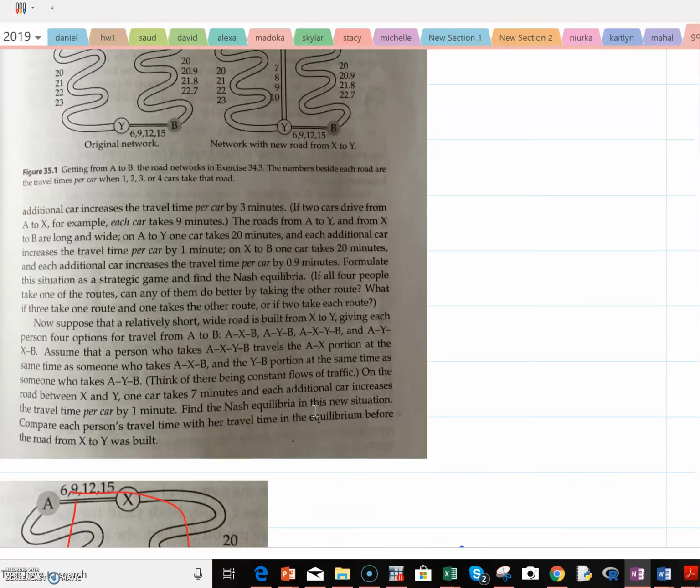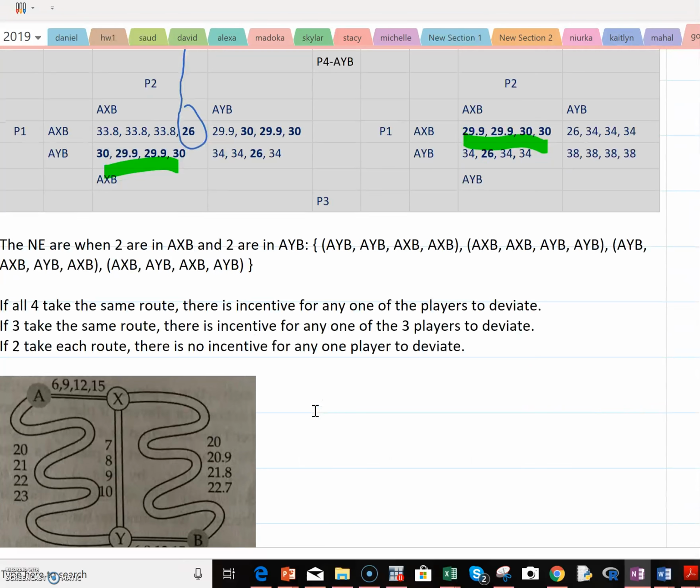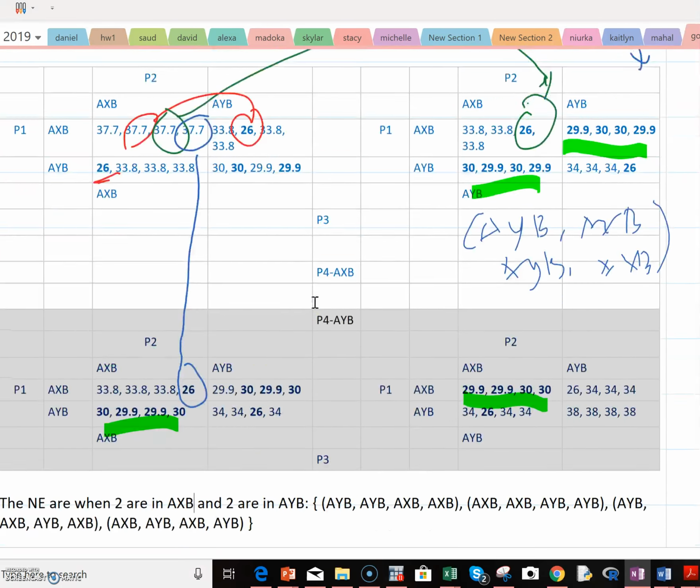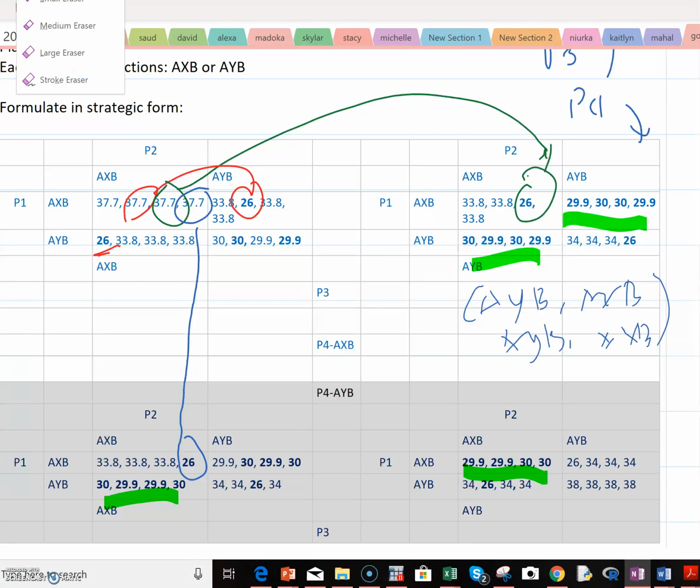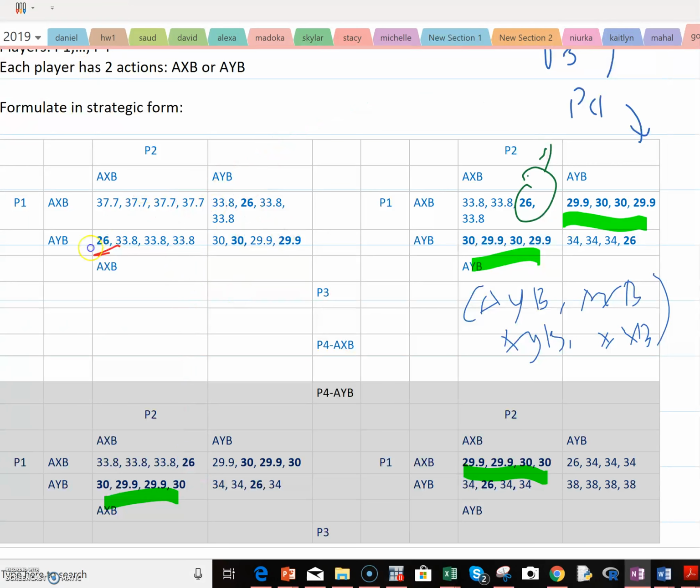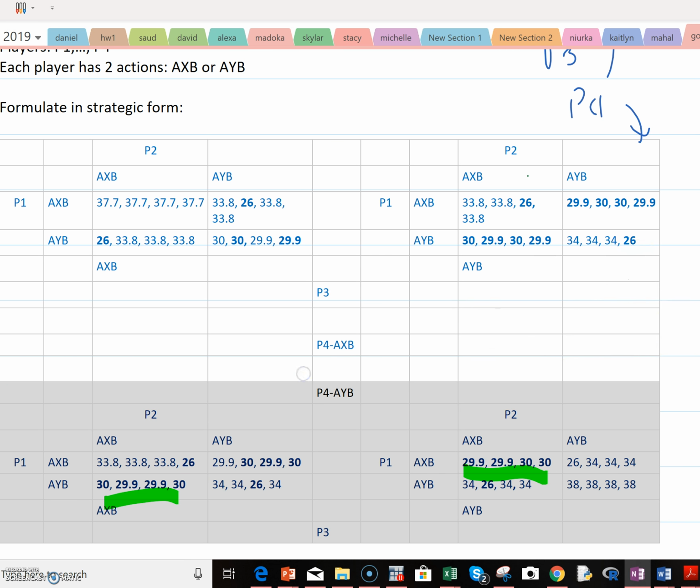Now, to answer the question: if all four are taking the same route, is there incentive for somebody to deviate? Let's look at that. All four are taking the same route, so we're talking about this one. All four are taking AXB.